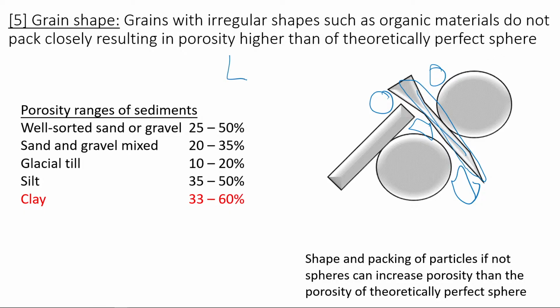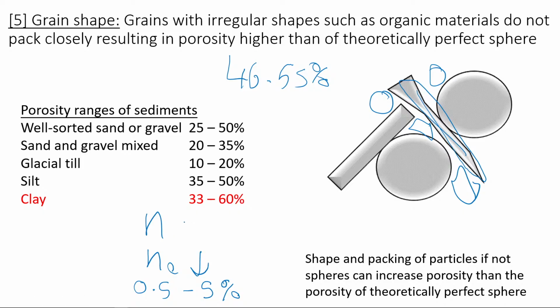Remember, the theoretical perfect sphere porosity is 46, I don't know, 55 or whatever. The irregular shape of organic material does not pack closely, resulting in this high porosity, and that's why clay has the highest porosity. Again, this is just porosity, N, while the effective porosity is about 5%.